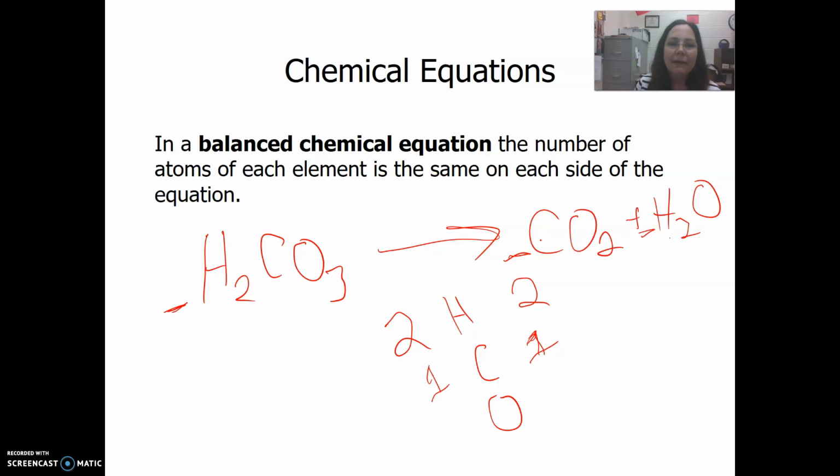And then on the left, there are 3 oxygen atoms. And if you add up 2 here and 1 here, you've got 3 oxygen atoms on the right. So if this weren't balanced, we would have to put numbers or coefficients here, here, and possibly here in order to balance the number of atoms.